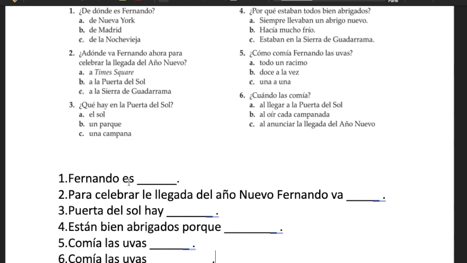1, Fernando es de Texas. 2, para celebrar la llegada del año nuevo, Fernando va a Texas. 3, Puerta del Sol hay mucha gente. 4, están bien abrigados porque le gustan las chamarras. 5, comía las uvas cada mañana. 6, comía las uvas porque son saludables.